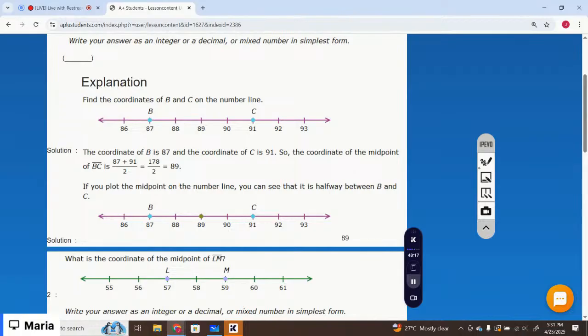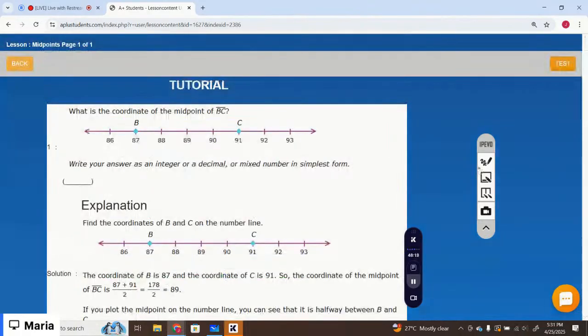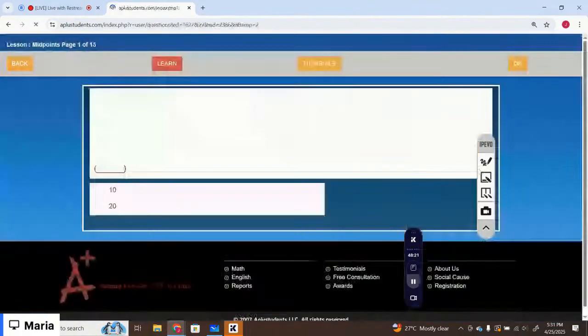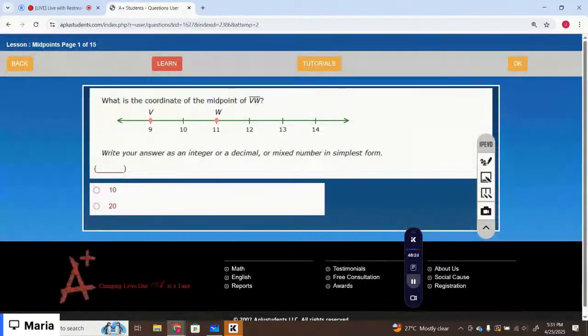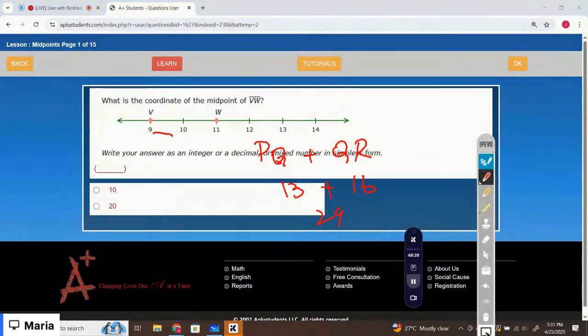Okay, let's just start with the test questions. What is the coordinate of the midpoint of VW? So the coordinates of V and W are 9 and 11. So that is 9 plus 11 divided by 2.